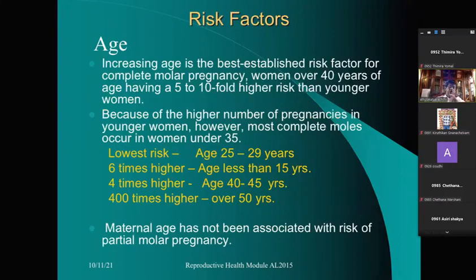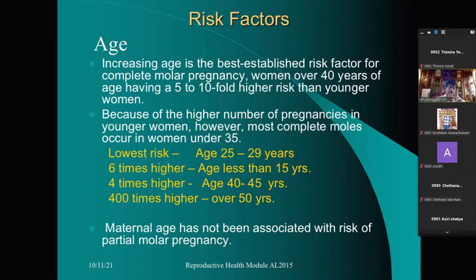Now, there are certain groups of people who are at risk of developing this abnormal placental proliferation. One very important risk factor is age, extremes of age, older and young. So when they are young, less than about 15 years, the incidence is about 6 times higher than in a woman in the reproductive age group, maybe 20s and 30s.